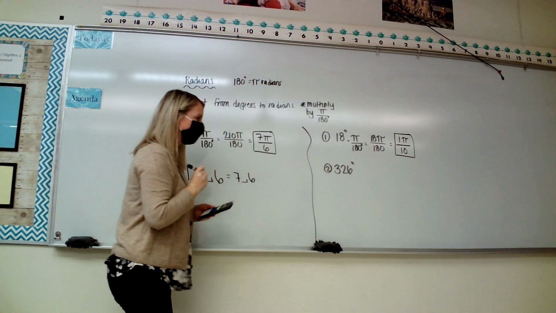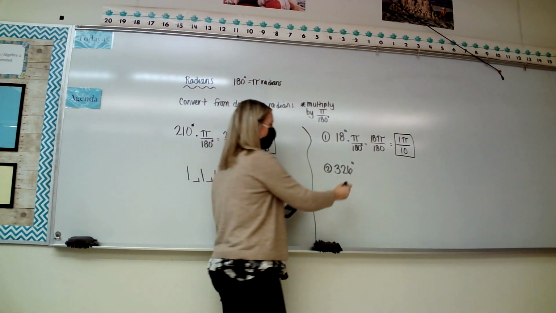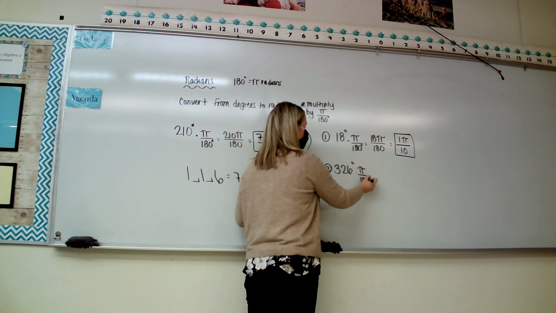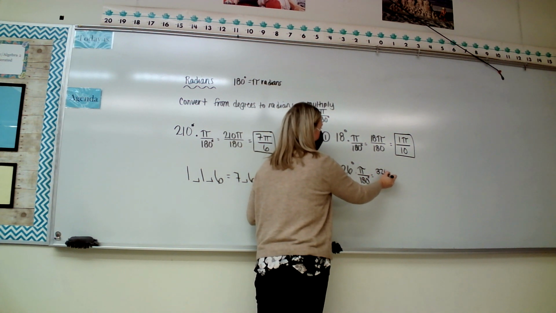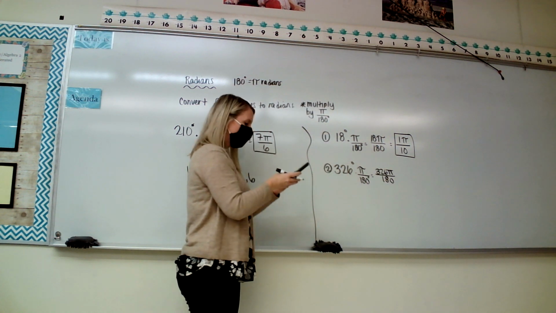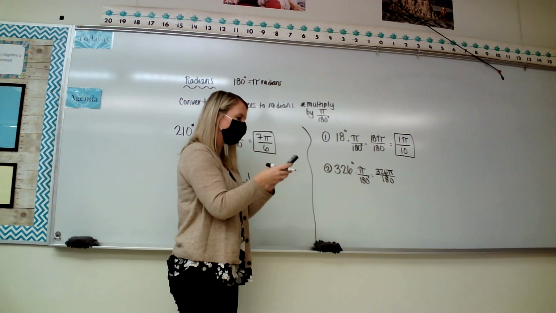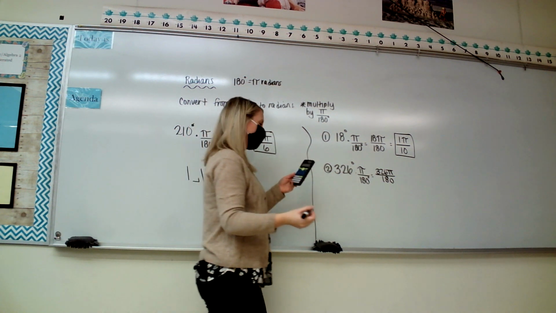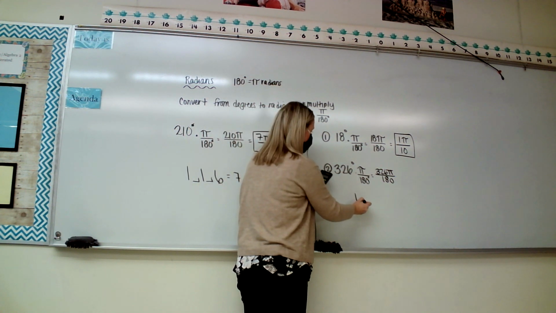I'll do that one. And same idea here. The steps are the same, just that original number's changed. The degrees cancel out. I end up with 326 pi over 180. And I'm just going to reduce 326 over 180. Once again, it's going to give you some weird mixed number. I don't want this.